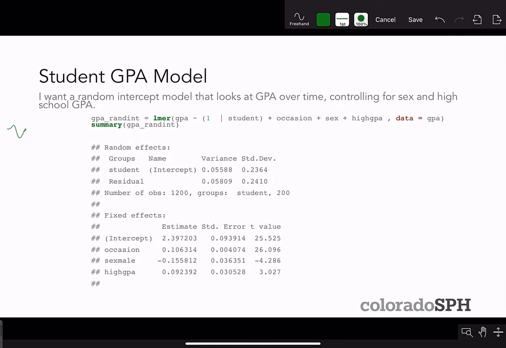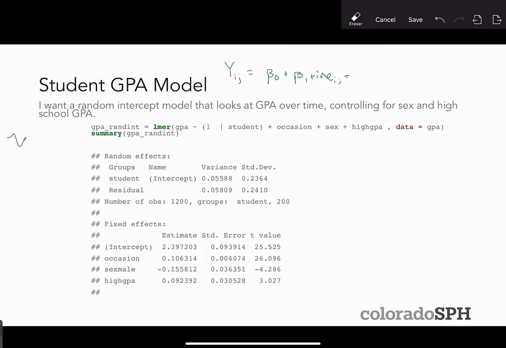So what does that model look like? Well, in terms of actually writing out the model, I'm going to write out my fixed effects first. I have a population intercept plus a beta for time, which is called a, plus I want to have the sex as a variable as well.